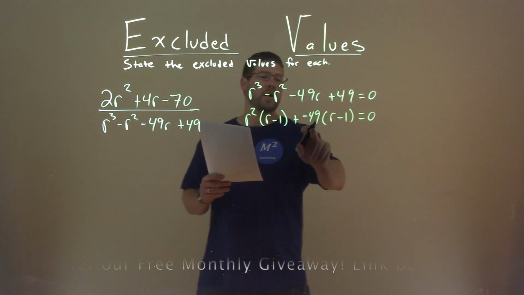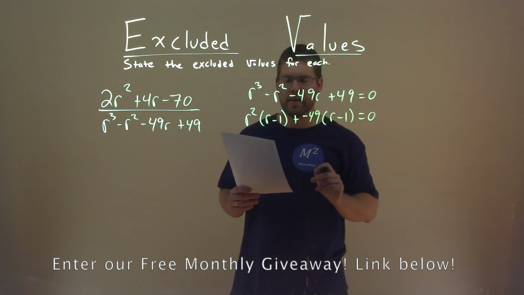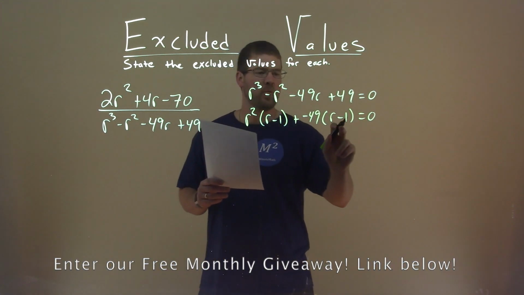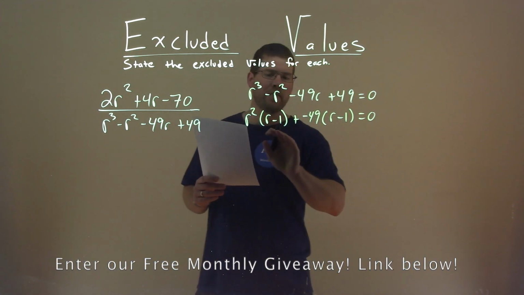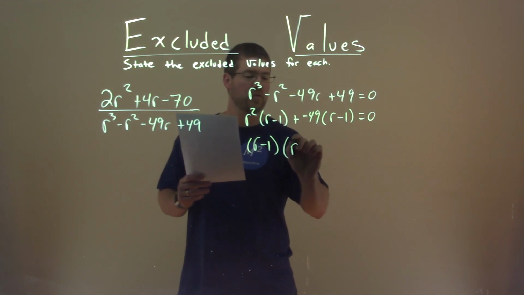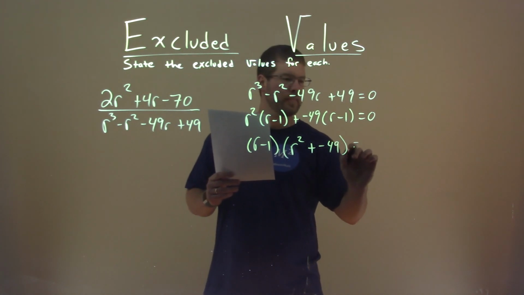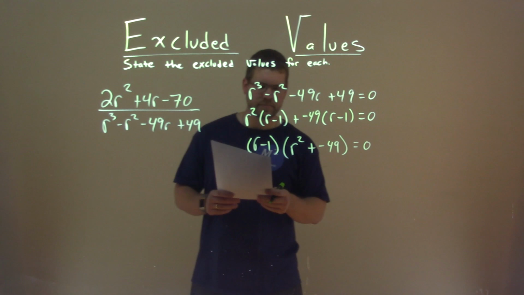Notice an r minus 1 now in both parts. If I pull that out, I have r minus 1 here, and I'm left with r squared plus a negative 49. And that's equal to 0.